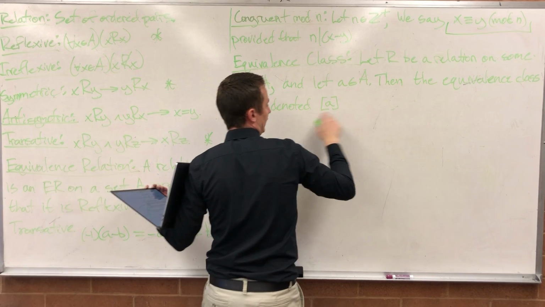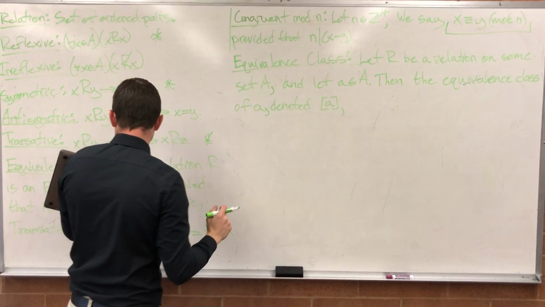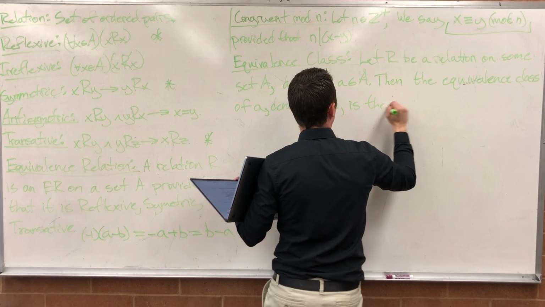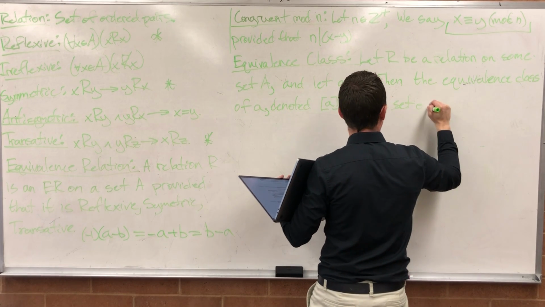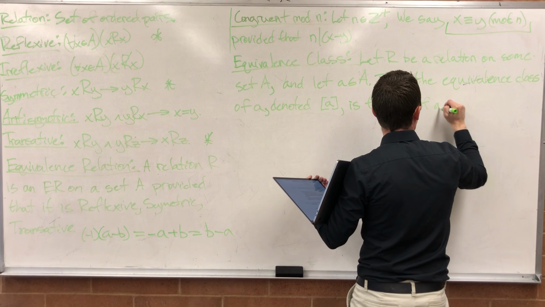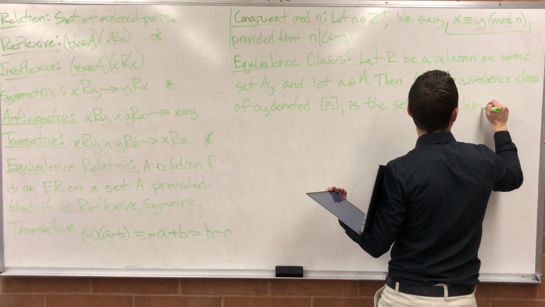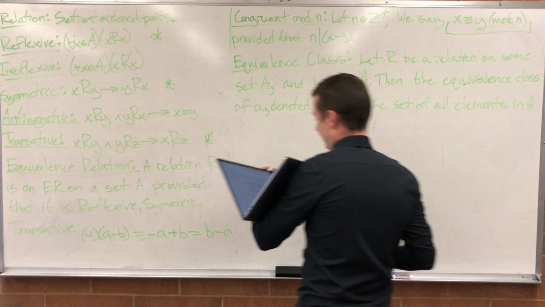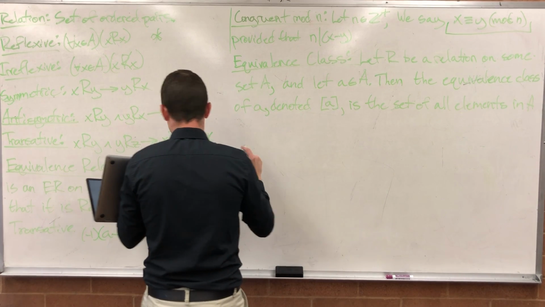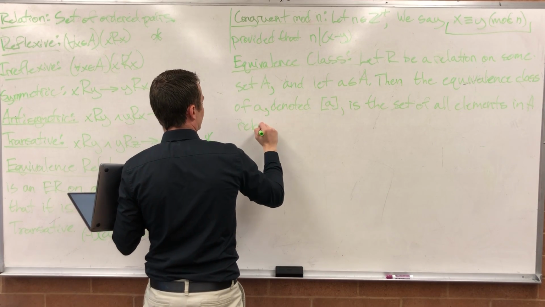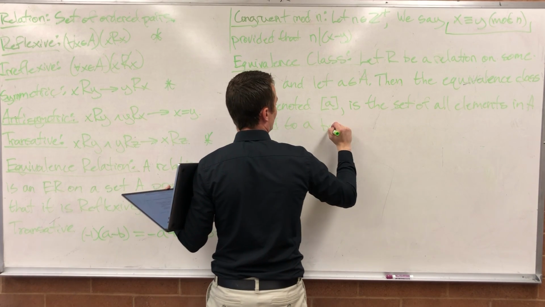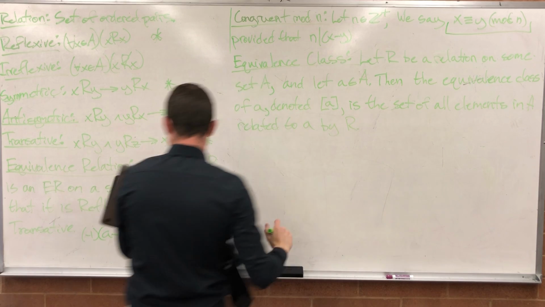The equivalence class of a, denoted bracket a, is the set of all elements in A, big A, related to little a by R.